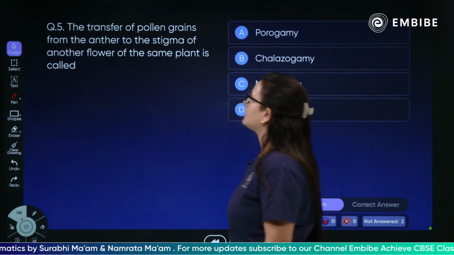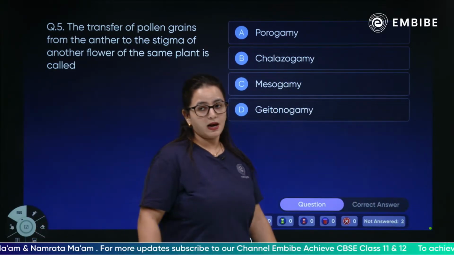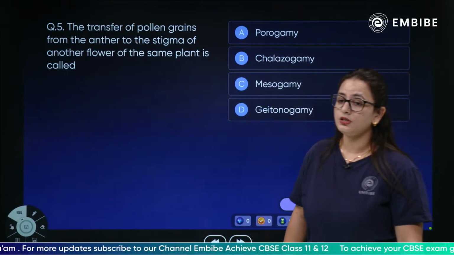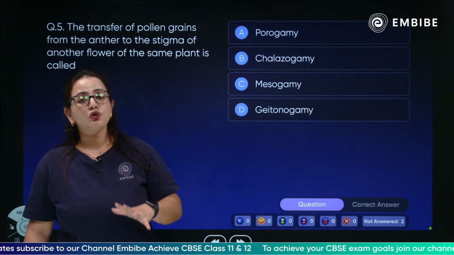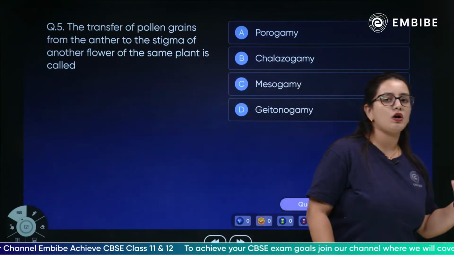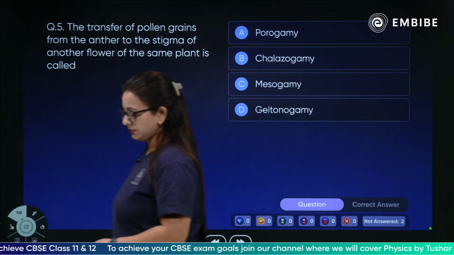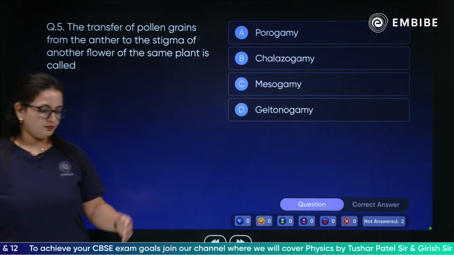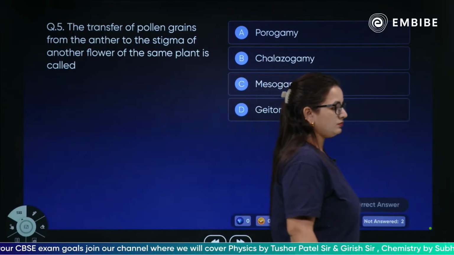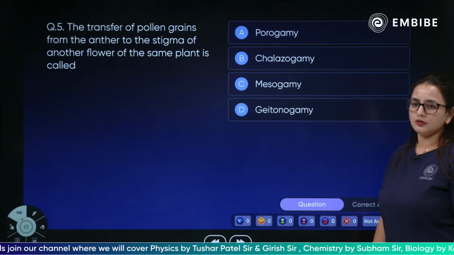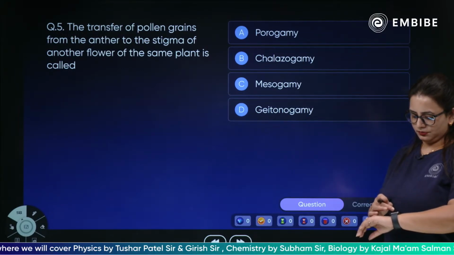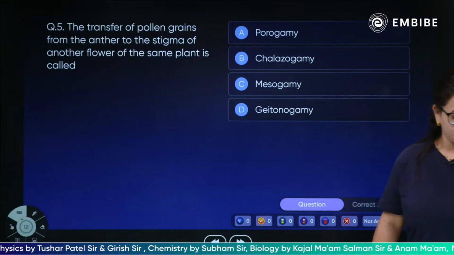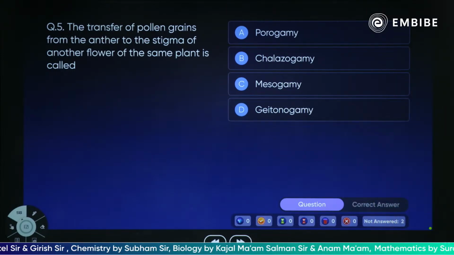Next question, children. The transfer of pollen grains from the anther to the stigma of another flower of the same plant is called what? This is a question from pollination.